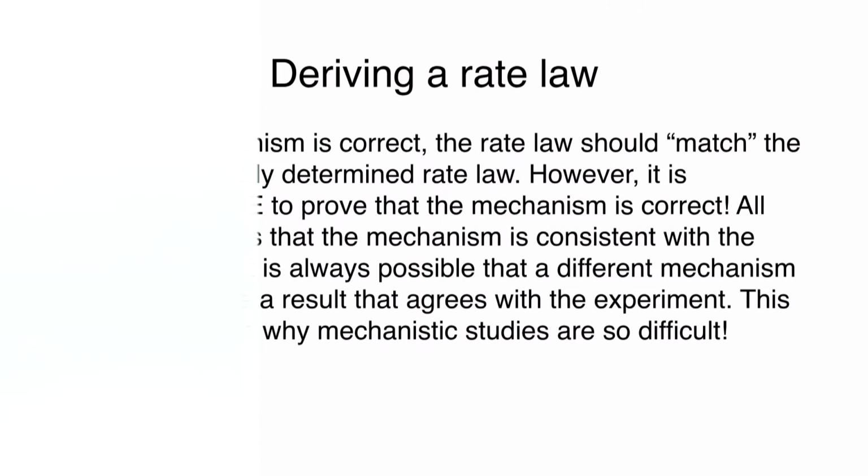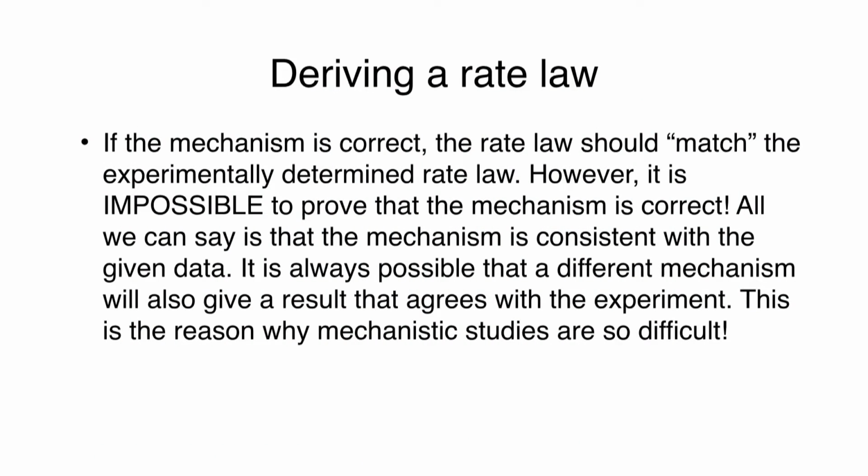It's always possible that somewhere down the road, somebody is going to do some sort of experiment that leads to a different conclusion, a different mechanism. And so it's possible to disprove a mechanism if the data doesn't seem to agree with it, but it's impossible to actually prove that a mechanism is correct. This is one of the reasons why kinetics and mechanistic studies in general is so difficult to carry out.